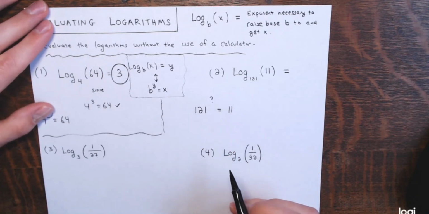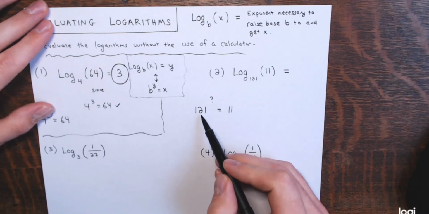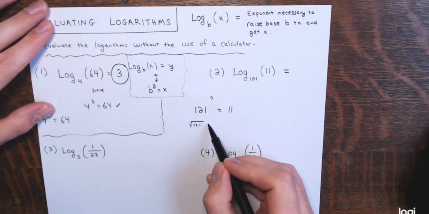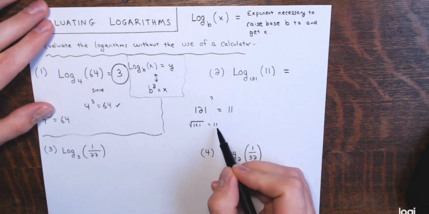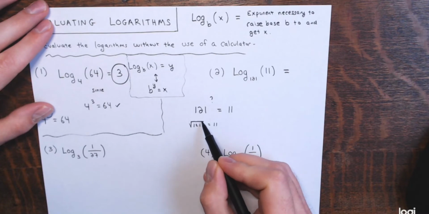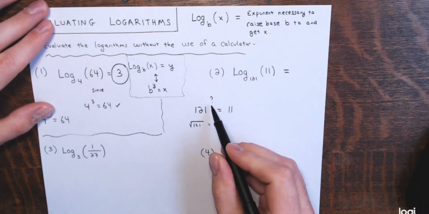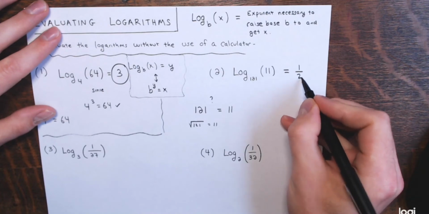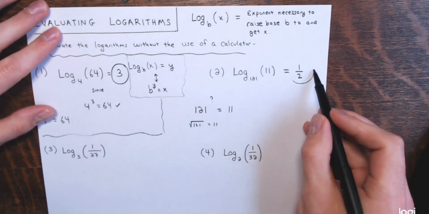Now you might recall that the square root of 121 is 11, the positive square root, the principal square root. Remember, square root is a power. Square root is the half power. So this is a half, and that's all they want.